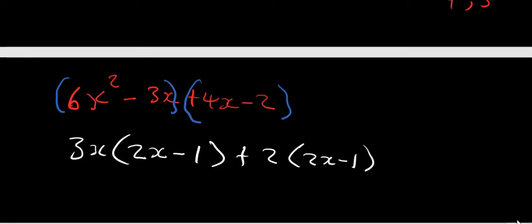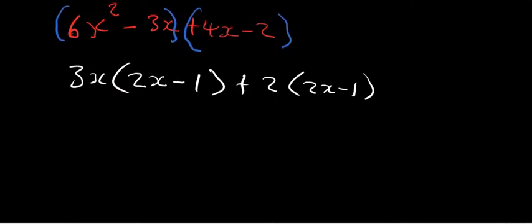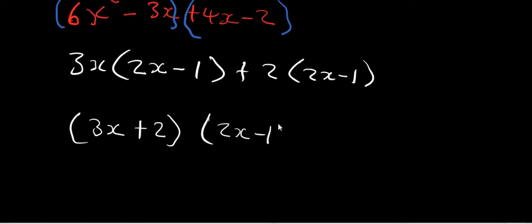So from that, you can easily state that this and that can be together. So you're going to have 3x plus 2 and also 2x minus 1.